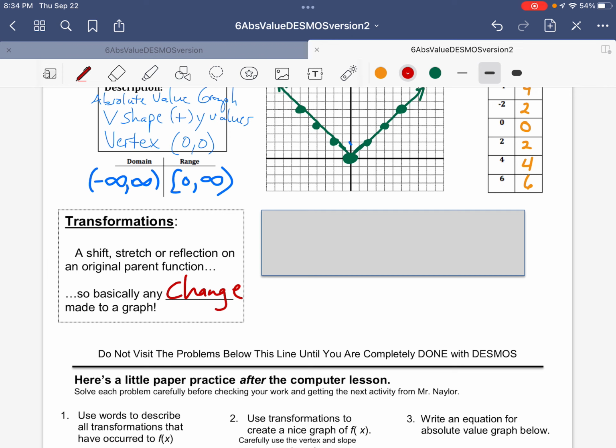Whenever we transform an equation, it's always going to involve some adding, subtracting, and or multiplying. And so if you take the absolute value equation and you multiply it by a, now we have a times the absolute value of x.